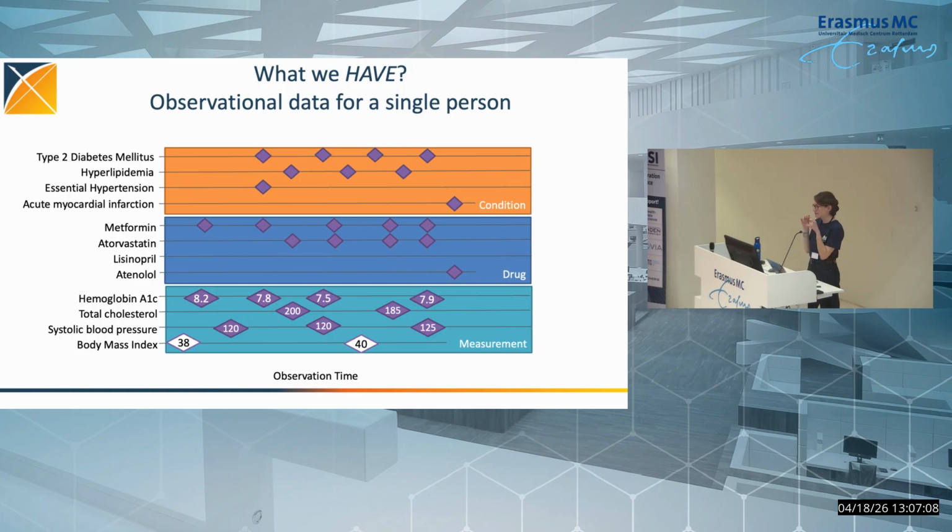Each of the rhombuses represents each time that this condition, drug, or measurement has been recorded in their history. For example, here we have records for type 2 diabetes and hyperlipidemia. Then we have records for specific treatments that are used to treat type 2 diabetes and hyperlipidemia, and also measurements that we use to monitor or diagnose these conditions.